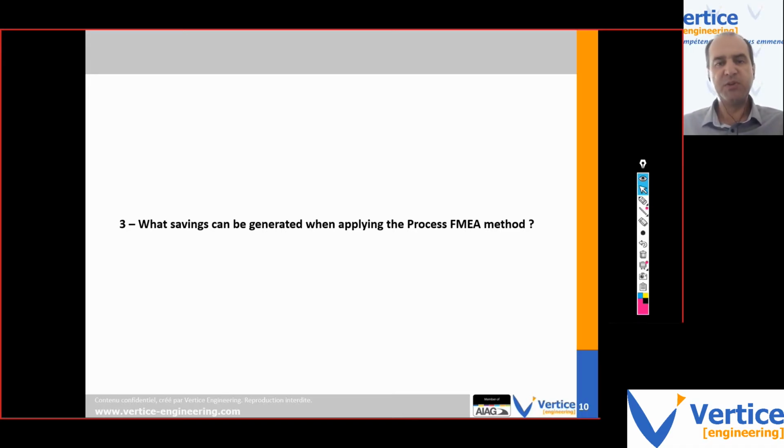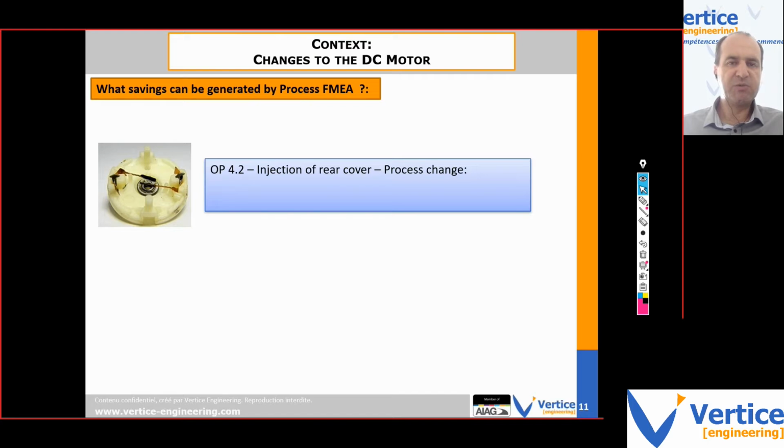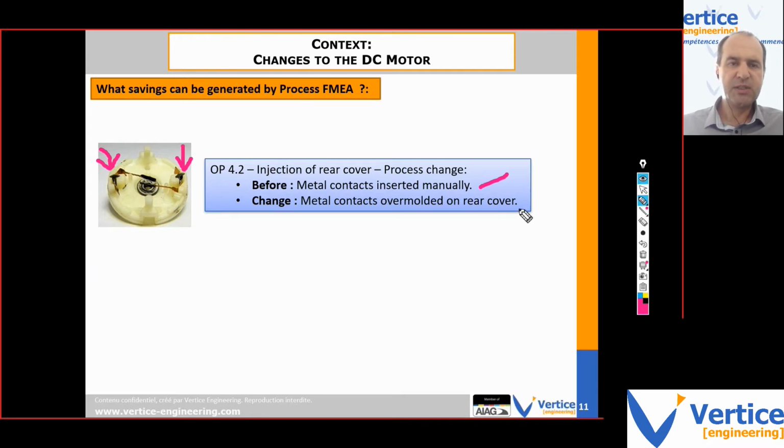Now the second point in our webinar is about the savings that are made possible by using Process FMEA, right? So some examples of costs that can be seen on a manufacturing process on the product we are looking at the moment. For example, imagine we have a change on that product. In the previous product, the electrical contacts were mounted manually, right? On the new product, the electrical contacts are going to be overmolded on the plastic part.